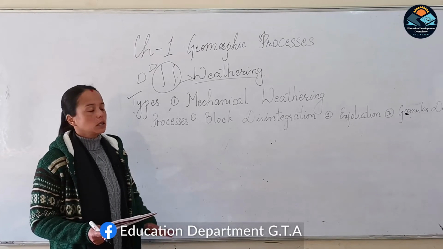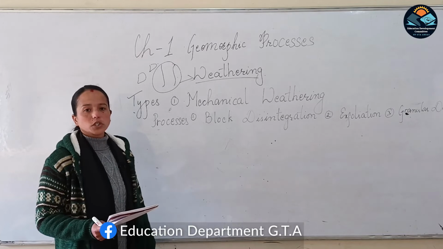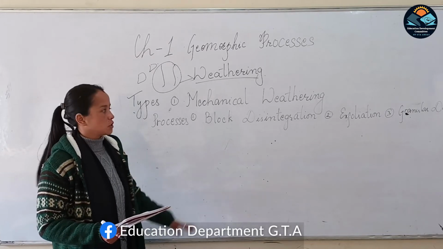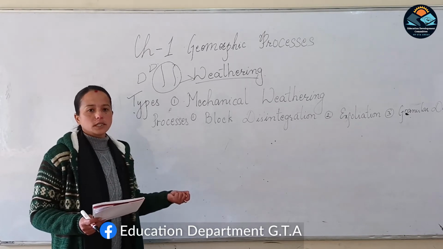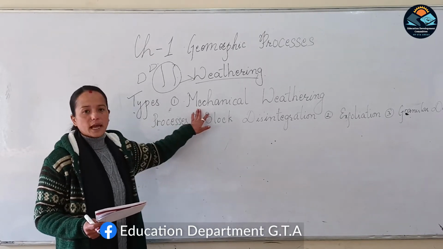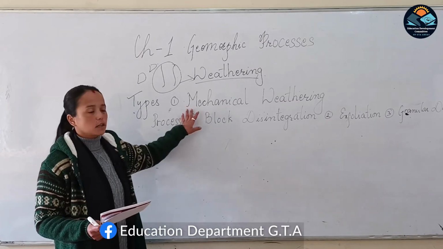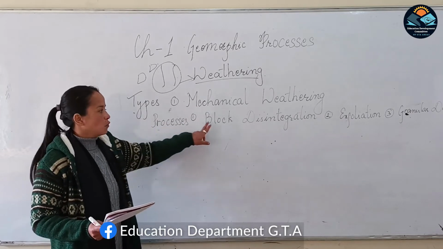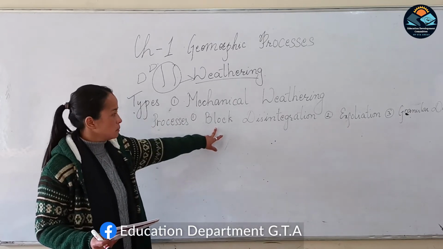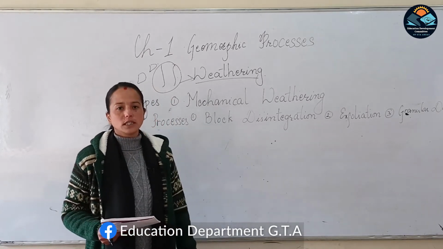The chemical reaction does not take place, and the composition of the rock does not change. It is just a rock that is broken into pieces. That is all about mechanical weathering, also known as physical weathering. Mechanical weathering has three processes: first, block disintegration; second, exfoliation; and third, granular disintegration.